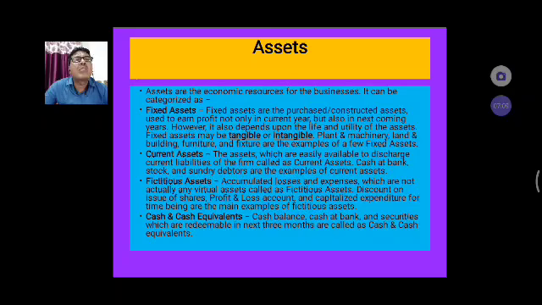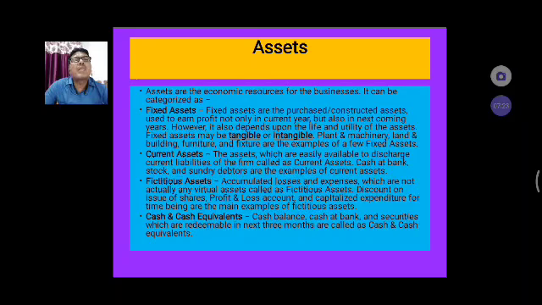However, it also depends upon the life and utility of the assets. Fixed assets may be tangible or intangible. Plant and machinery, land and building, furniture and fixture are examples of a few fixed assets.